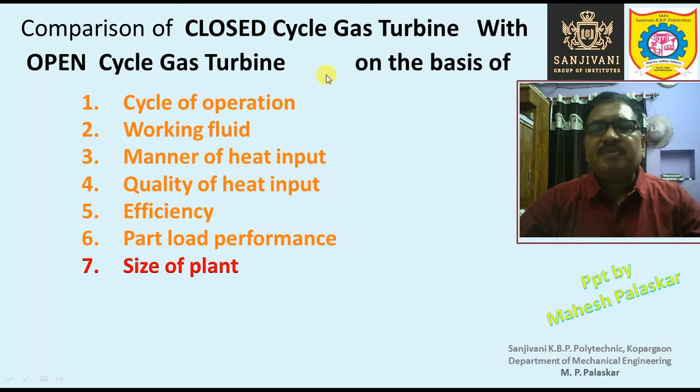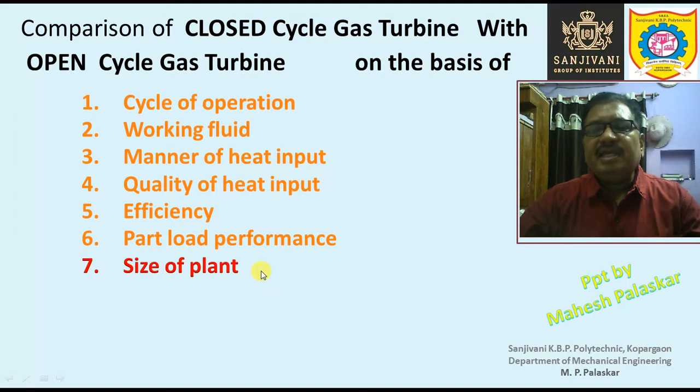That will be equal to the atmospheric pressure, because the air from the atmosphere is entering inside the system, or inside the compressor, at the beginning. But in case of the closed cycle gas turbine, we can use the pre-compressed working substance, or the pressure of the working substance can be higher, or you can say the density can be higher.